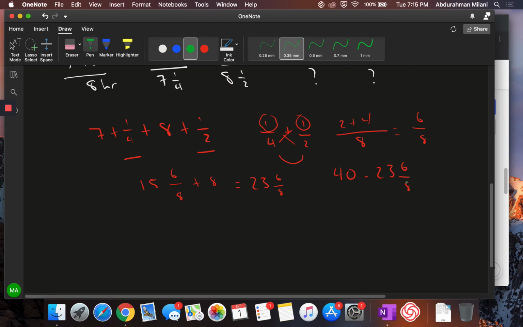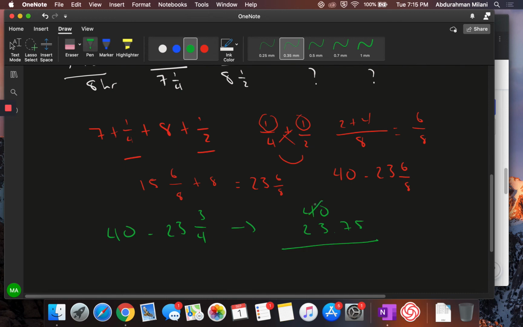What we want to do is reduce this first to make it easier. That's a big number. 23 and 3 over 4. So you can either turn this into a fraction or turn it into a decimal. Personally, I think a decimal is easier. 40 and 23.75.